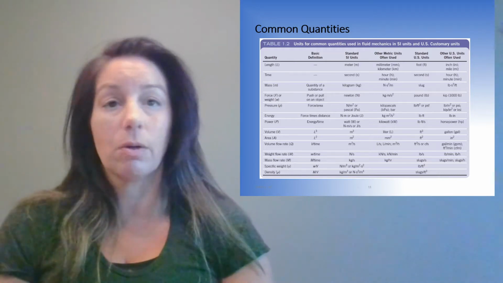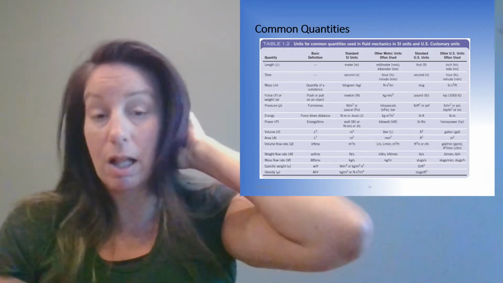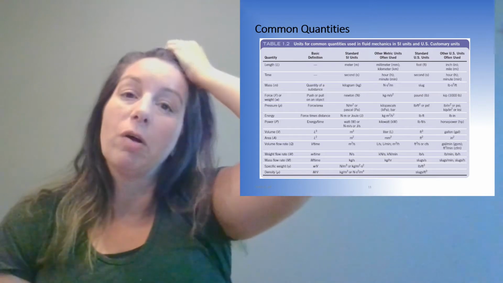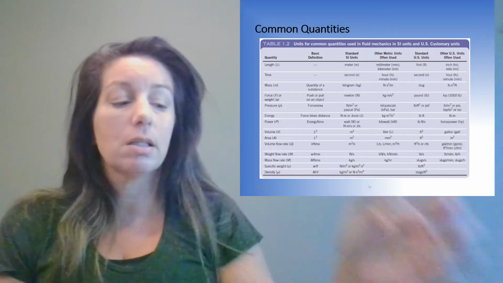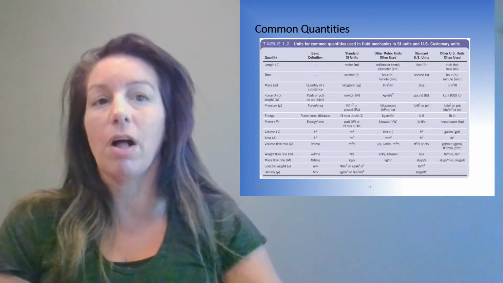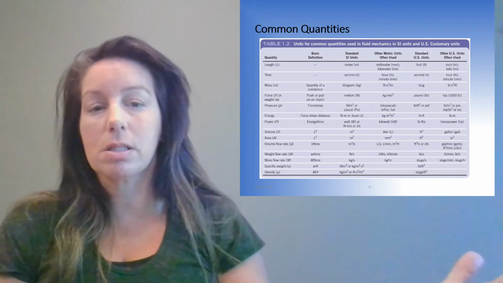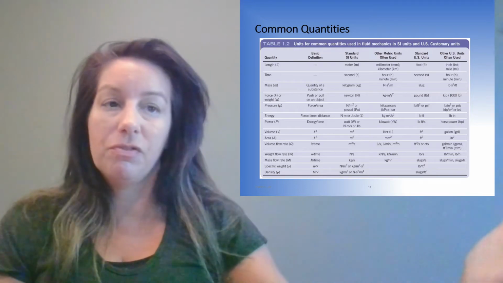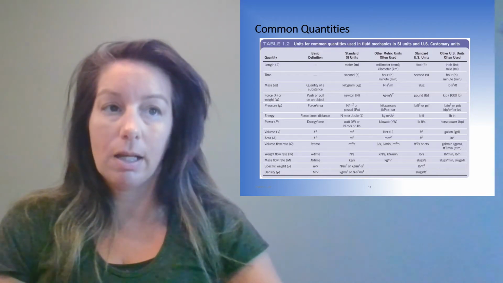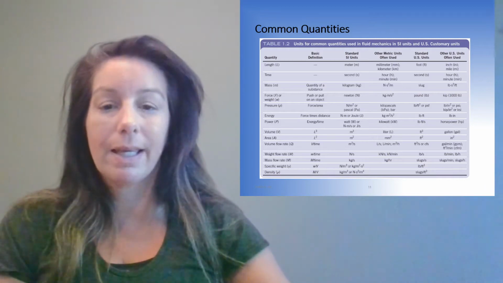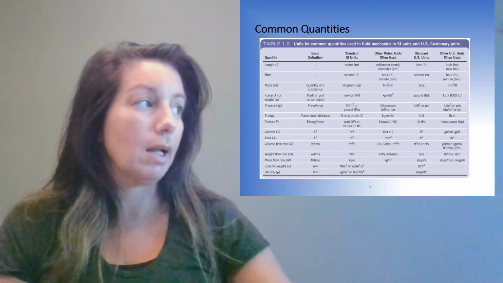Volume flow rate, so this is what we'll be concerned with a lot in fluids, is the flow rate, the volume flow rate, large capital Q. So it's the volume over time. Cubic meters per second, liters per second, cubic feet per second, gallons per second, gallons per minute.